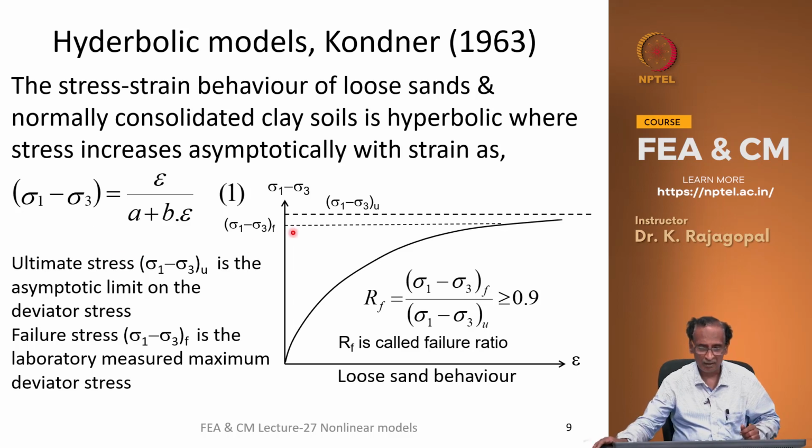So, he looked at all the data that we get from the triaxial compression test, and typically our loose sand has a stress strain behavior something like this. On the x axis we have the axial strain, on the y axis we have the deviator stress, and asymptotically the deviator stress will go on increasing with strain, that is for an ideal loose sand.